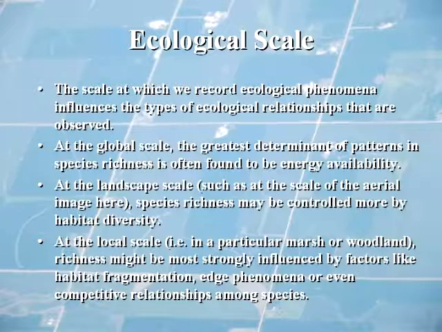So, for example, with respect to species diversity patterns, if we look at the global scale, very frequently what people find is that energy is the principal controlling factor of the number of species that one finds across the globe. On the other hand, if we look at the landscape scale, such as this image, which is of Midwestern farm fields, laid out as they often are in a very precise grid pattern.